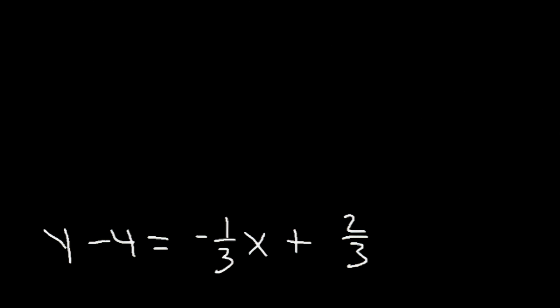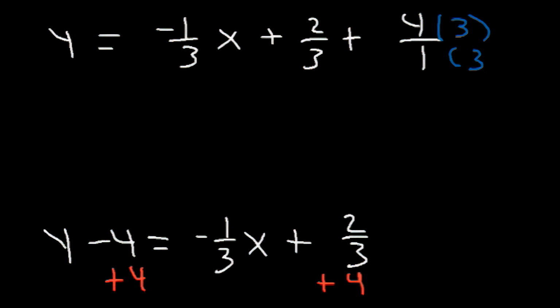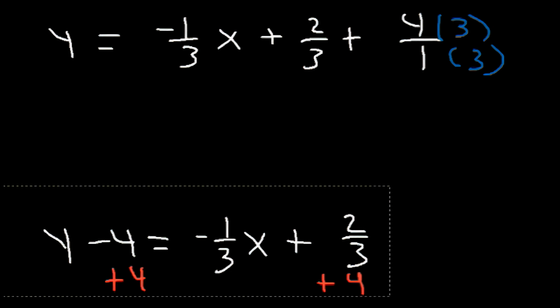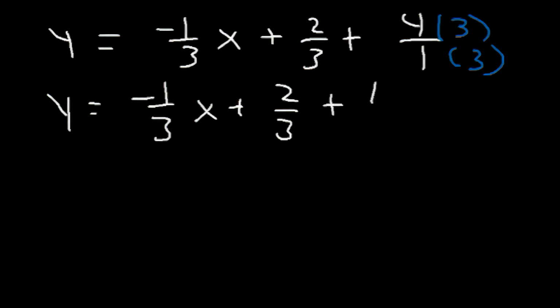Now we need to add 4 to both sides. So y is equal to negative 1/3 x plus 2/3 plus 4. 4 is the same as 4 over 1. To add 2/3 and 4, we need common denominators. So let's multiply 4 by 3 over 3. 4 times 3 is 12.